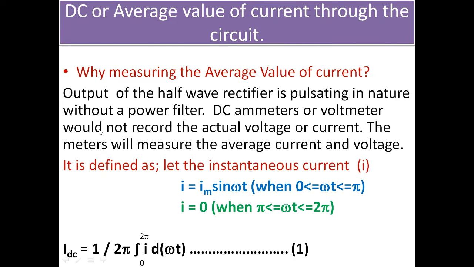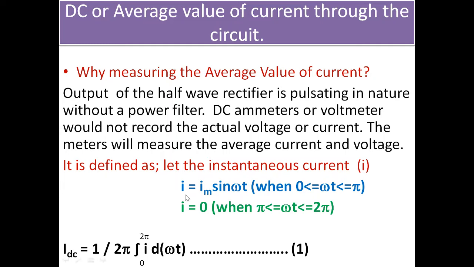Now what happens if we try to measure the voltage across the load resistance? When we apply a multimeter across the load resistance, it will only measure the average voltage. And why will this happen? Let's see.